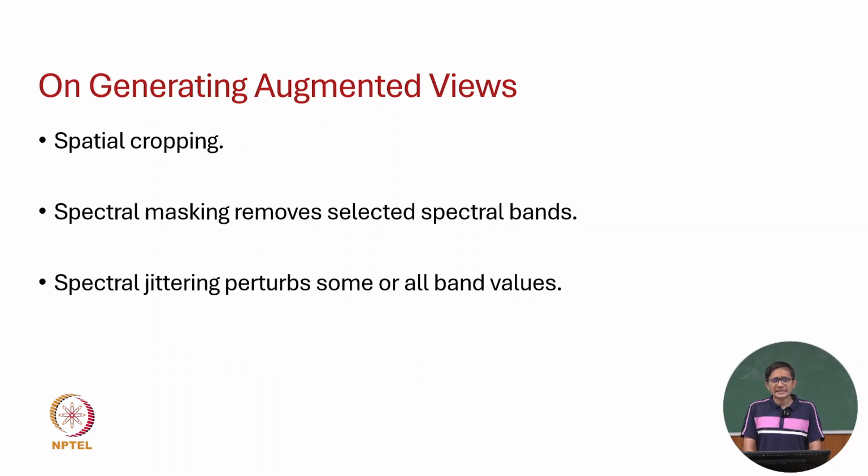However, this kind of spatial cropping might not be so straightforwardly applicable in hyperspectral images, especially if we think about coarse spatial resolution images. There, two different crops may indeed represent totally two different concepts and not represent the same concept. Indeed, hyperspectral datasets are often very small also.